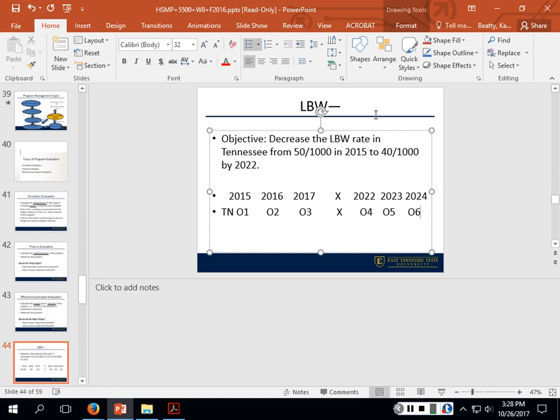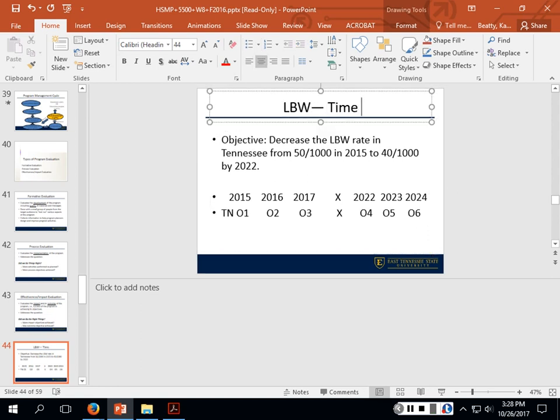So this becomes a time series design, which is also a quasi-experimental design. In the absence of a comparison group, this design allows us to look at trends, as was mentioned, comparing multiple observations before and after the intervention.